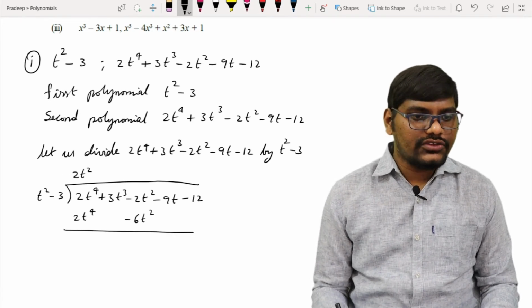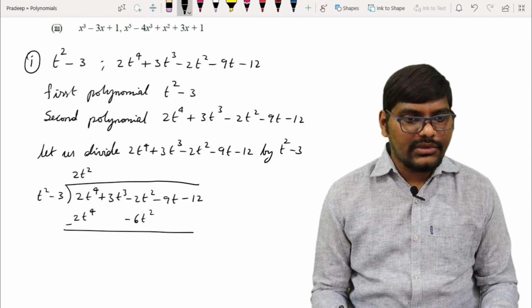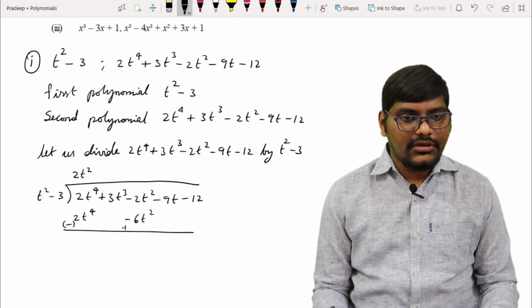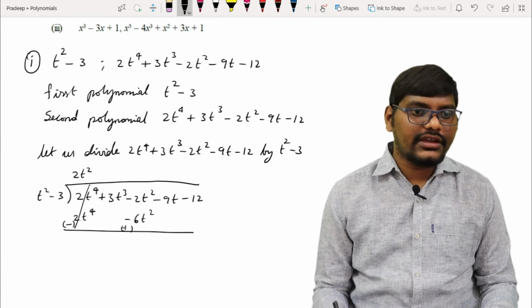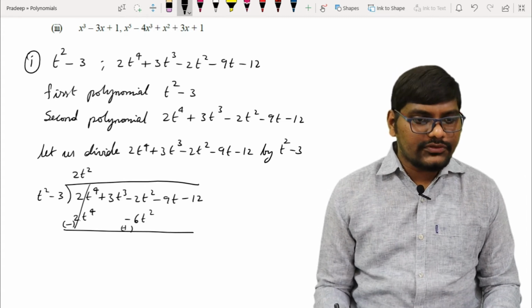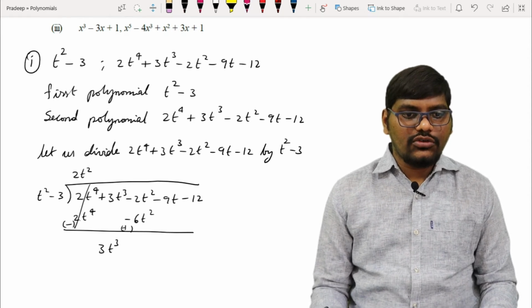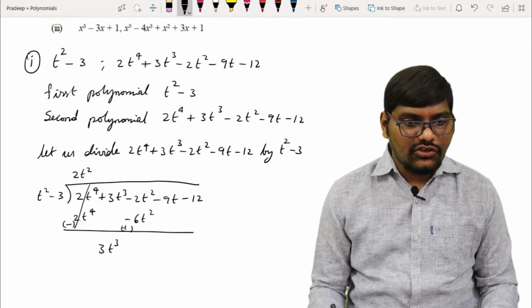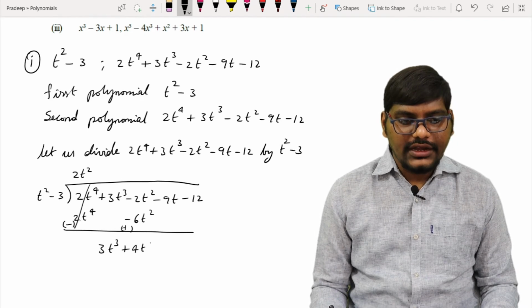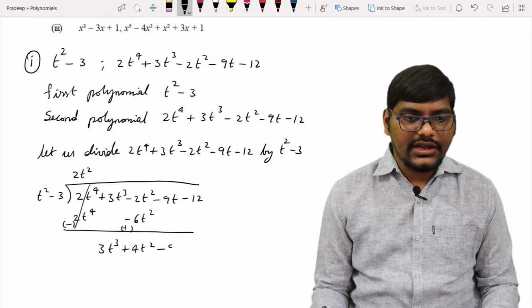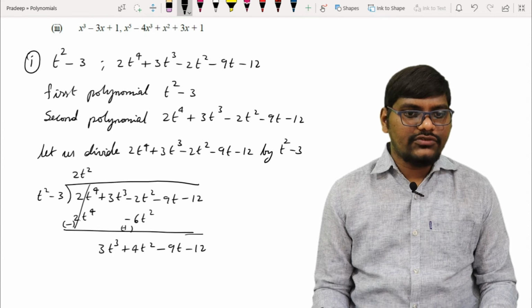So we'll just solve this. This is plus, so this will become minus and this will become plus, so these both get cancelled, and the remaining terms we can write 3t cube, and this is minus 2 and this is plus 6, so we'll be getting plus 4t square. Remaining terms we'll write minus 9t minus 12.